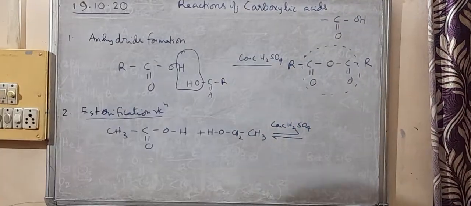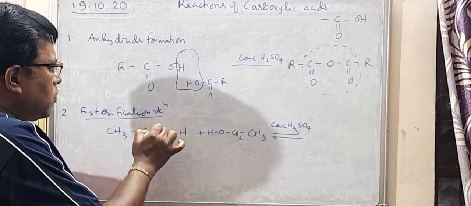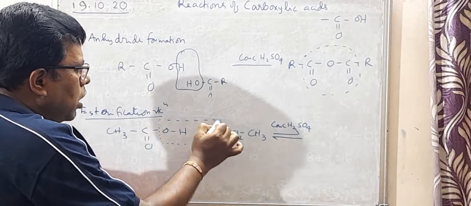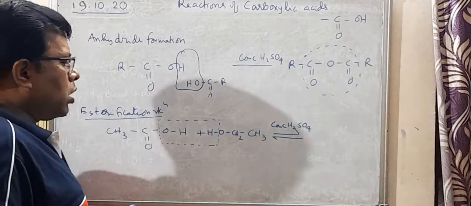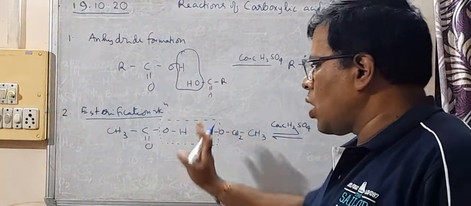So what happens is there is again loss of water, and the loss of water involves OH of carboxylic acid and H of alcohol. It is a very important thing to remember. It doesn't happen the other way around.